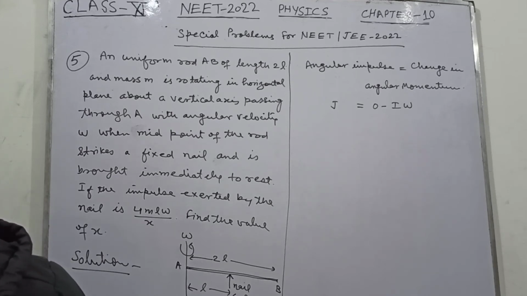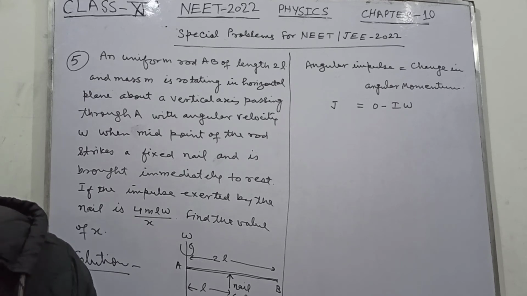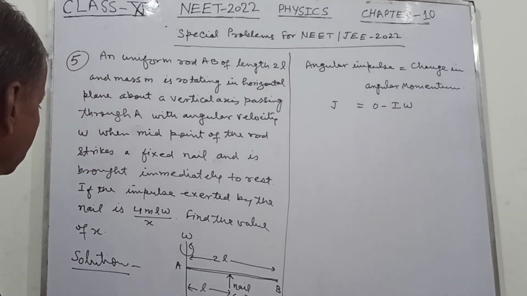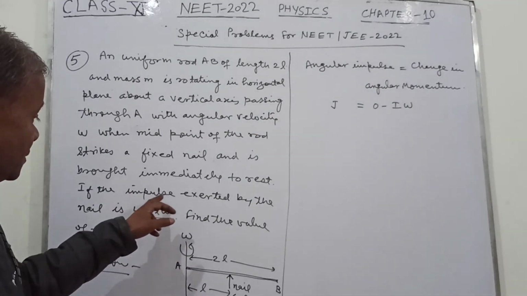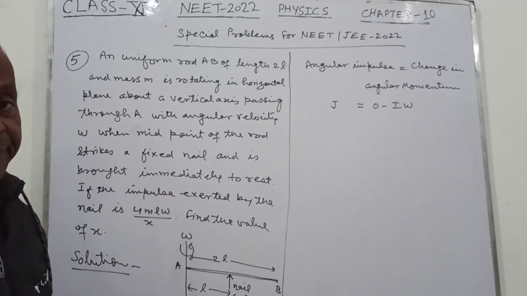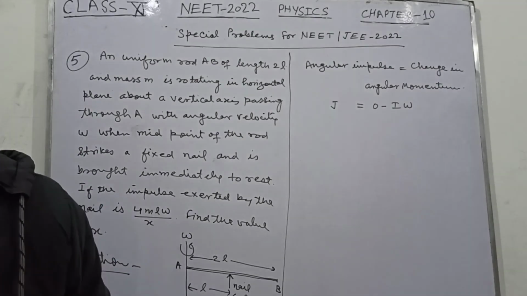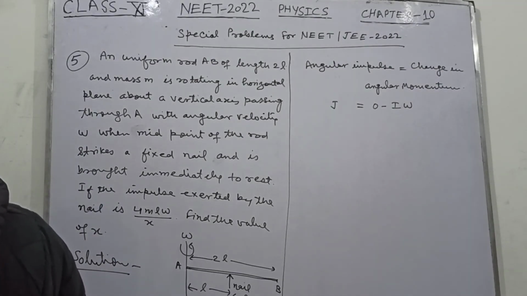Now you see the impulse. The impulse that is given here is the linear impulse, so now linear momentum.